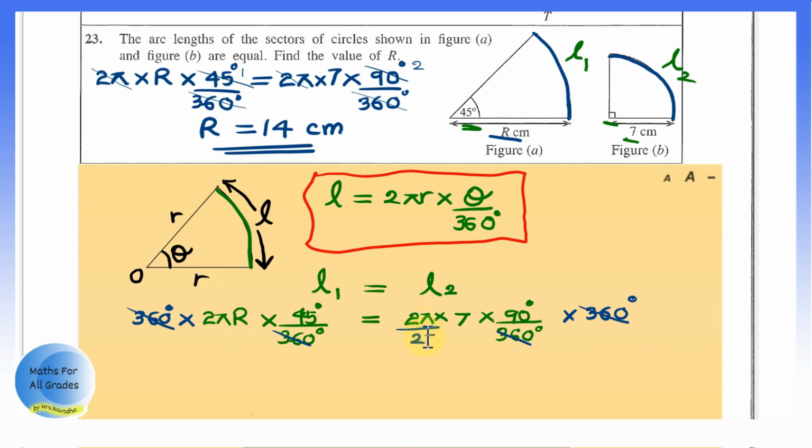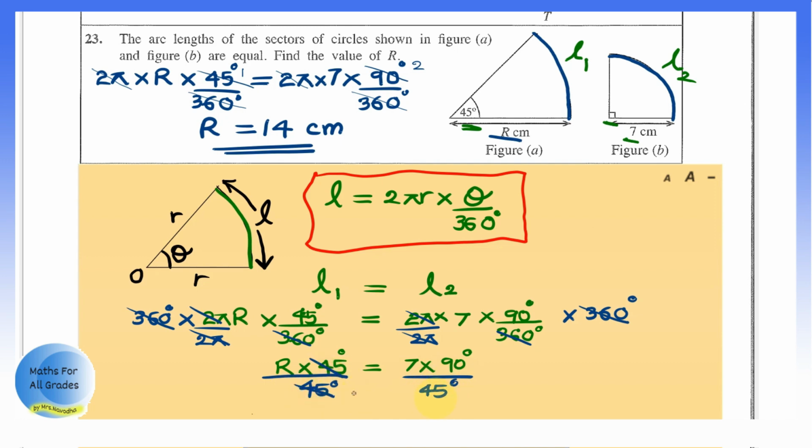So I can divide both sides by 2 pi. So 2 pi is also cancelling out. Now let's write down the remaining terms. On the left side, r times 45 degrees. On the right side, 7 times 90 degrees. Let's divide both sides by 45 degrees.